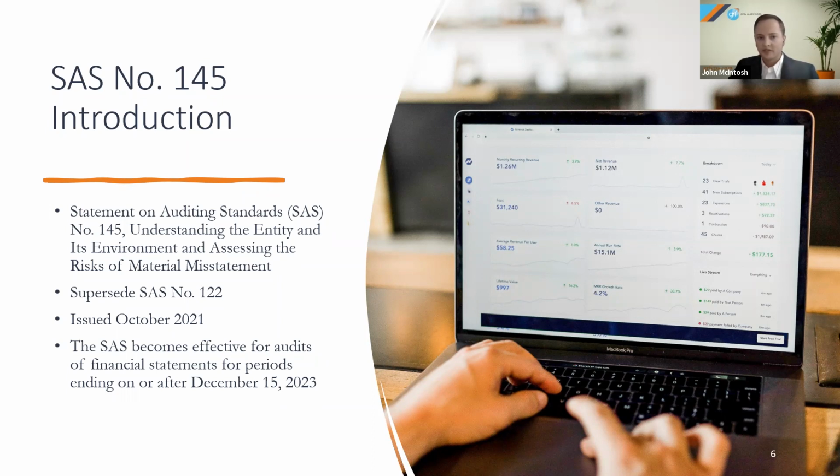This standard was issued by the AICPA Auditing Standards Board in October 2021 and is effective for audits of financial statements for periods ending on or after December 15th, 2023. This standard supersedes SAS 122, titled Overall Objectives of the Independent Auditor and the Conduct of an Audit in Accordance with Generally Accepted Auditing Standards.